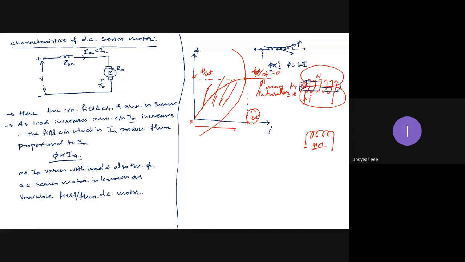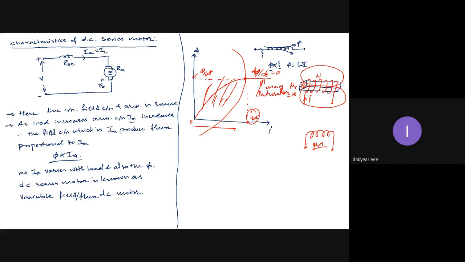So here in the series motor, I should take care of the number of turns whatever I choose. In the construction of the series motor, we have seen the number of turns should be minimum and the cross section of the conductor should be maximum, because the resistance should be kept to a minimum. There I told the number of turns must be minimum, but how many we never discussed.